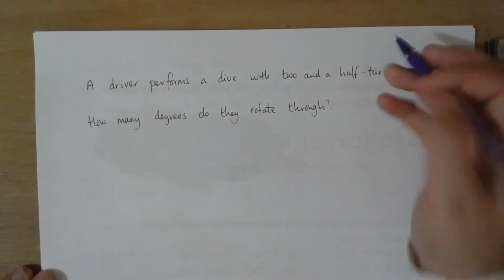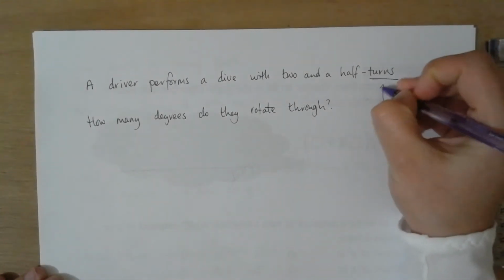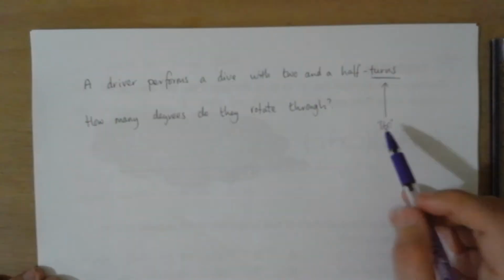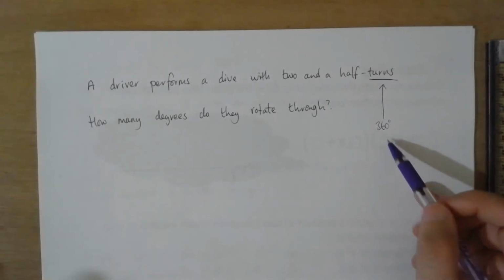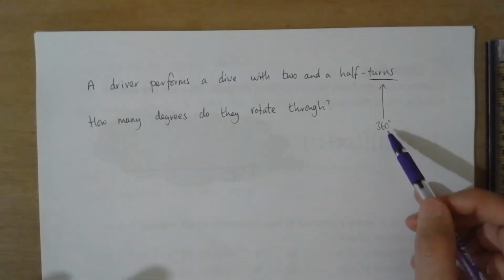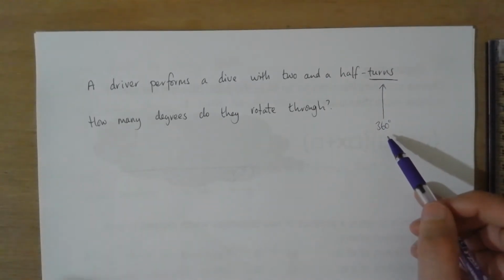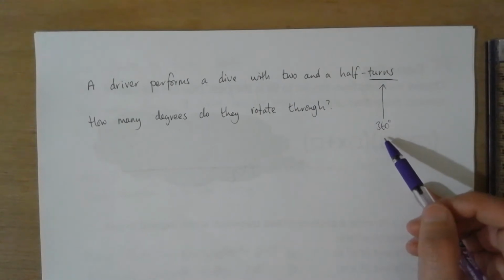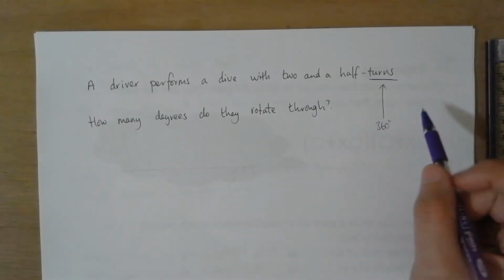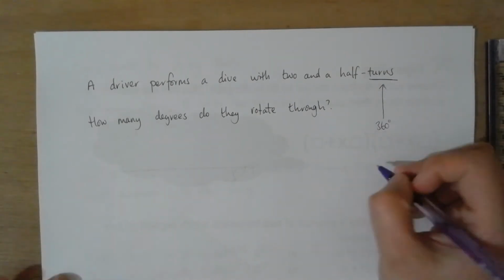If someone says a turn is 360 degrees, we don't need to worry about radians or any other kind of measurement. We're only working in degrees right now. Once you get into A level, they'll give you different measurements, but at this stage 360 degrees is perfectly fine. So one turn is 360 degrees.